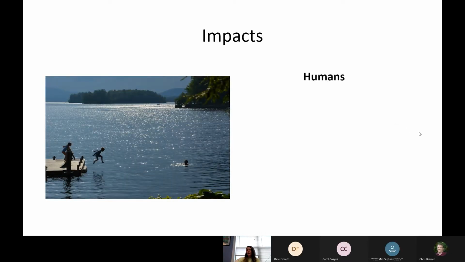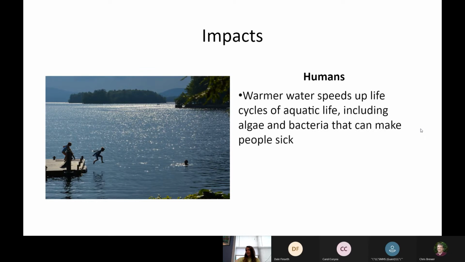So some of the impacts it has on us as humans is that warmer water is going to speed up different life cycles. So if there's things like the algae or the bacteria that are getting into water, those are the things we don't really want to be there in large quantities. And warmer water is going to make them grow and multiply much quicker. So those are also the things that can make us sick. And so if there's a lot of them there, then we can't use that water.